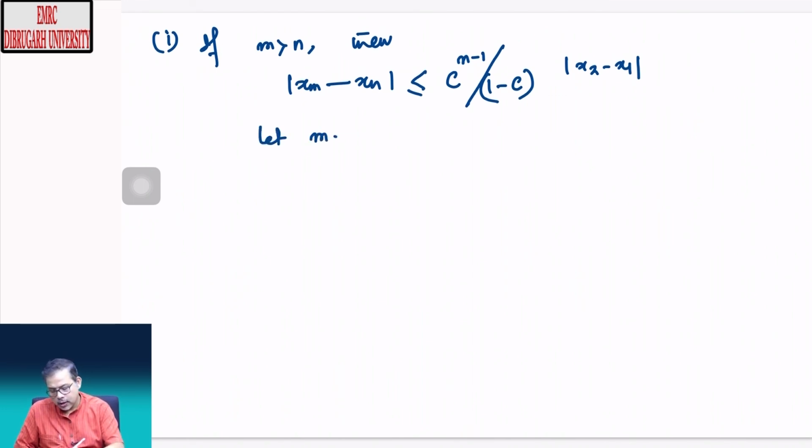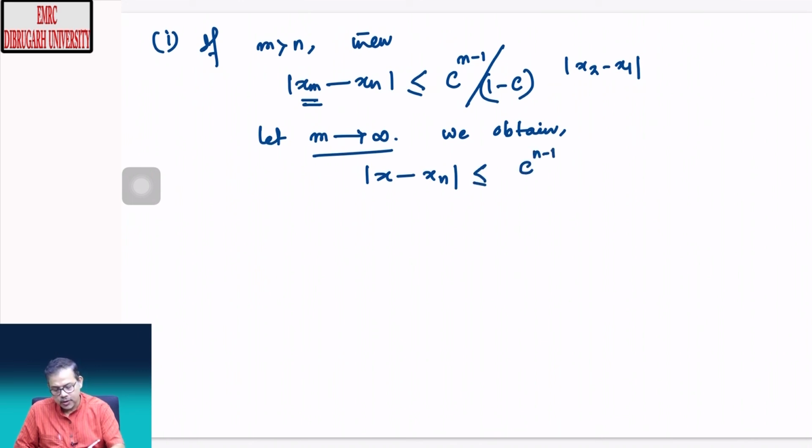Let m tend to infinity, that is, I am taking only x_m. We obtain |x - x_n| less than or equal to C^{n-1}/(1 - C) |x_2 - x_1|. This is the first result.